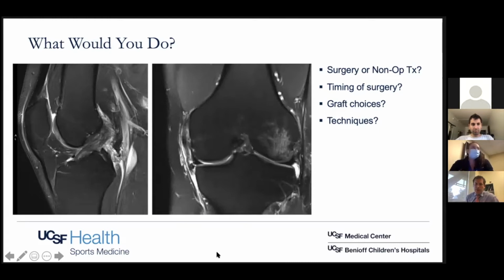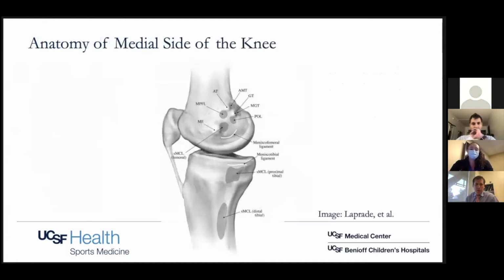Things to talk about are surgery versus non-surgical treatment, timing of surgery, graft choices, and techniques. With this first one, I know you had ACL before, but in the first case we'll focus more on the MCL especially.